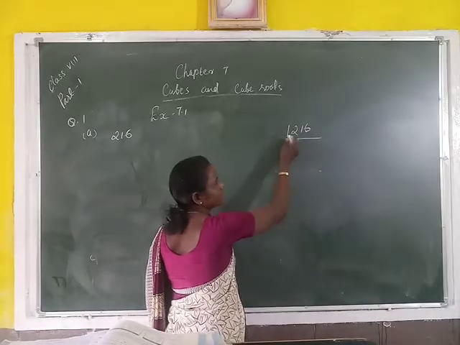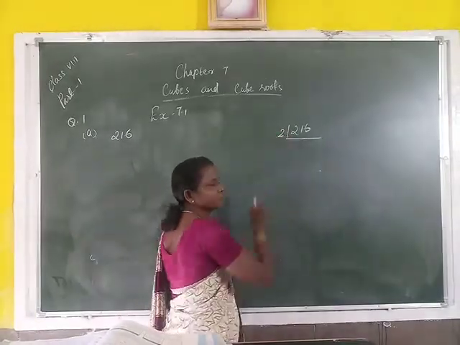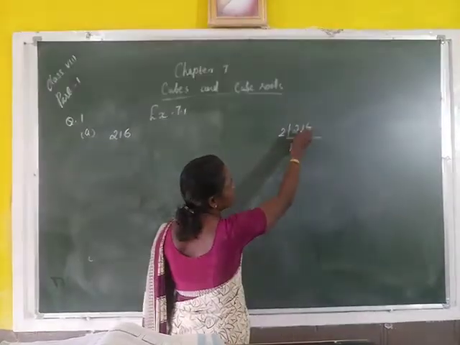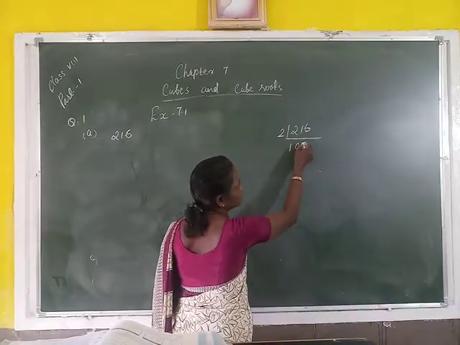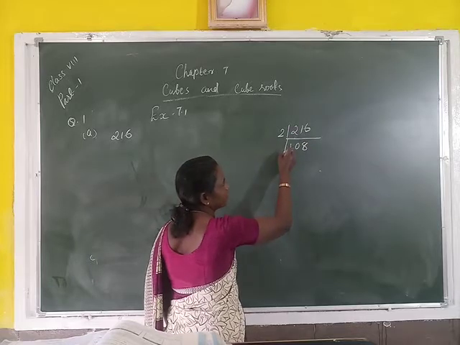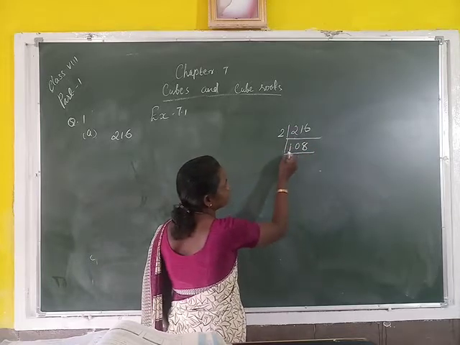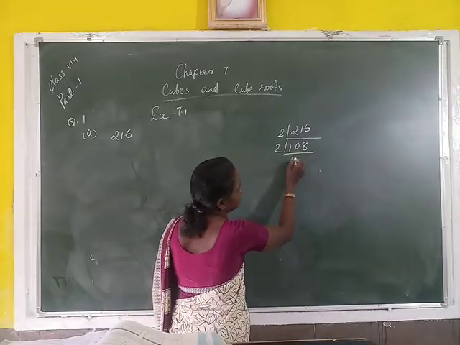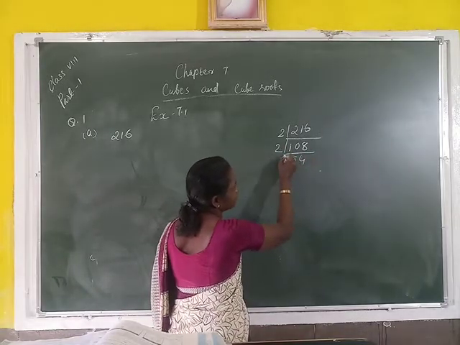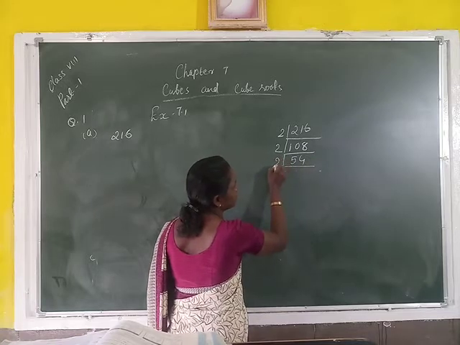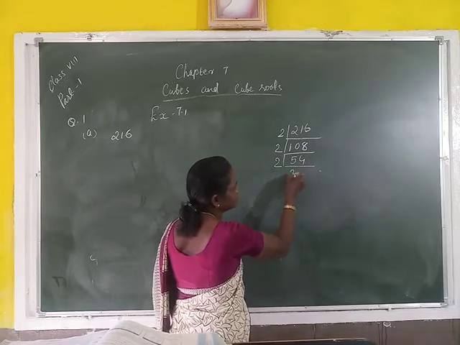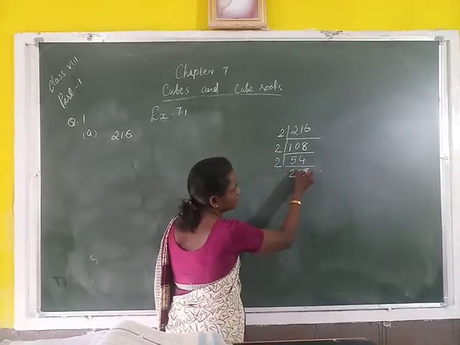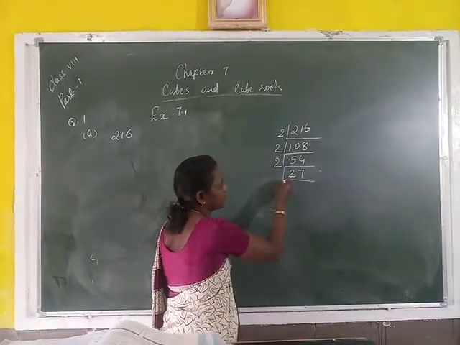This is an even number, so we can take the smallest prime number 2. 216 divided by 2 is 108. Then 108 divided by 2 is 54. Again divided by 2 is 27.